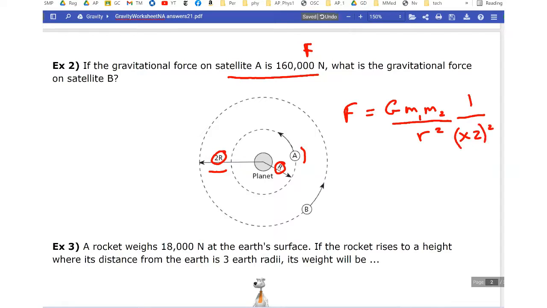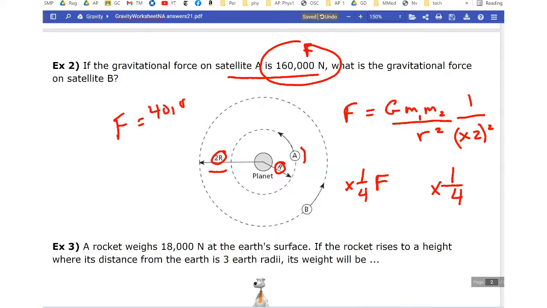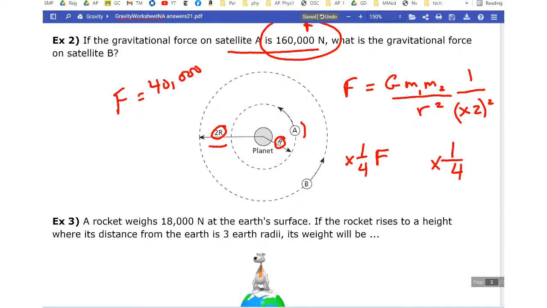There's no change on the top, so it's 1. The right-hand side changes by 1/4, and whatever happens to the right happens to the left. So it's going to be 1/4 of the force. Well, this is 160,000. So the one that's 2R will be 40,000, because that's 1/4 of 160,000. So there's the answer to that one.